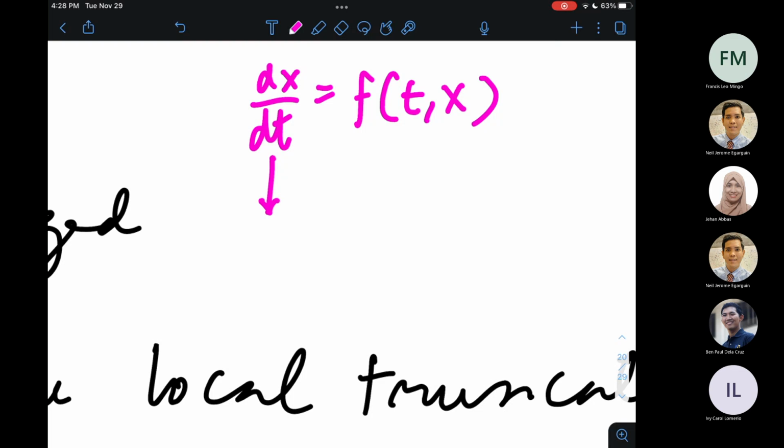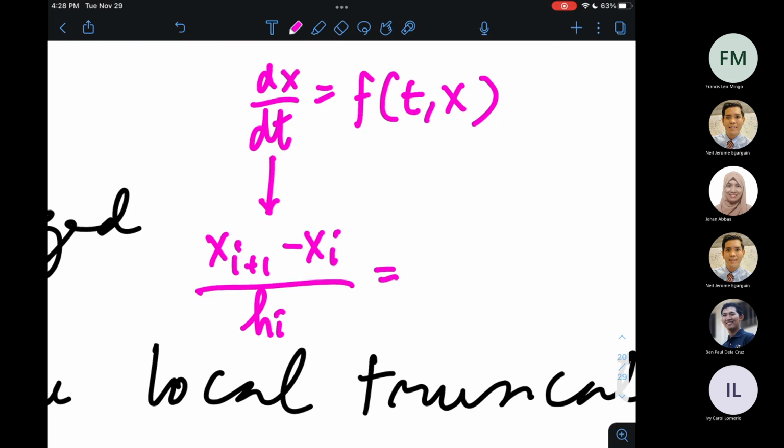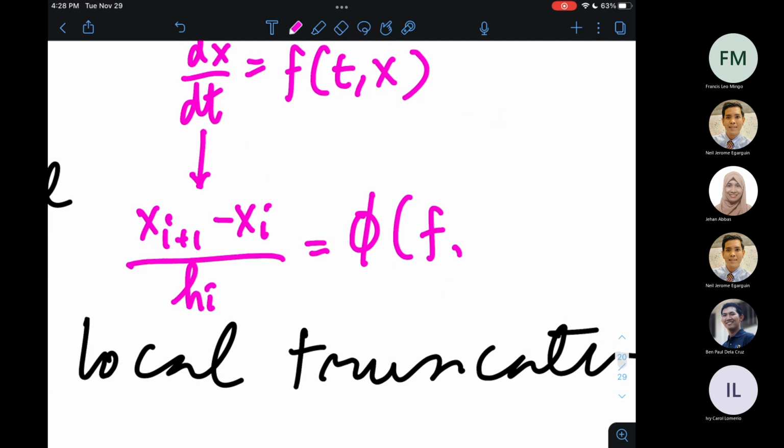So we will replace dx over dt by x sub I plus 1 minus x sub I over h sub I, all right? And then the right-hand side will be transformed in one way or the other to a function phi that depends on f, the h sub i's, the t sub i's, and the x sub i's.